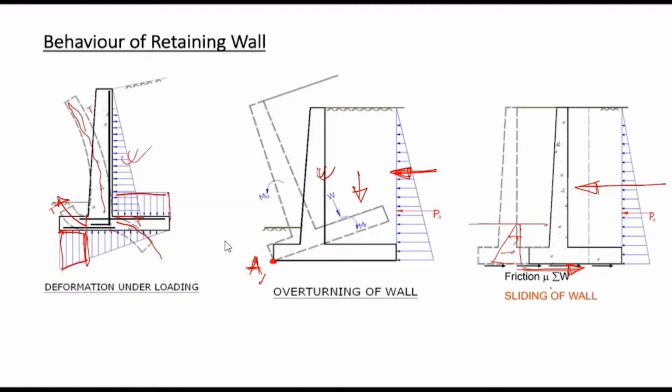Here there will be a frictional pressure that will resist this disturbing force. So we will have to check this retaining wall for sliding, for overturning, and we will also check the heel, base, and stem slab for strength and serviceability.